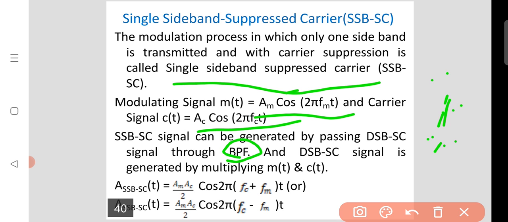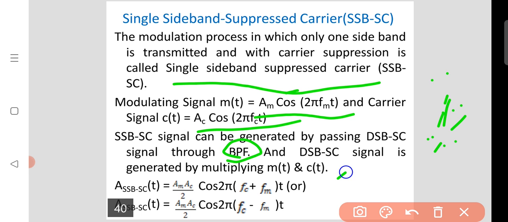That is the operation of the BPF, the band pass filter. First we generate the DSBSC signal, then feed it to the band pass filter. We already discussed generating the DSBSC signal in previous sessions; it is simply multiplying the message and carrier signals.